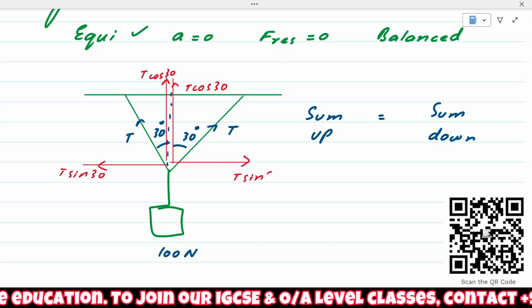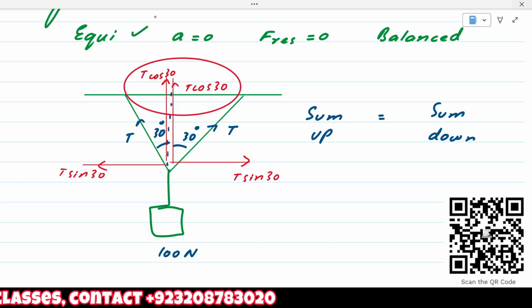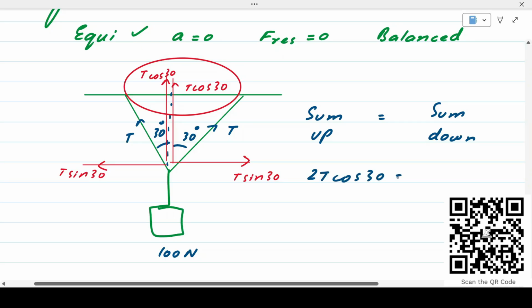Now what is the sum of the upward forces? There are two upward forces now. T cos 30 plus T cos 30, which would be 2T cos 30. So I write here 2T cos 30 equals the downward force. We have only one downward force, which is 100 Newton.